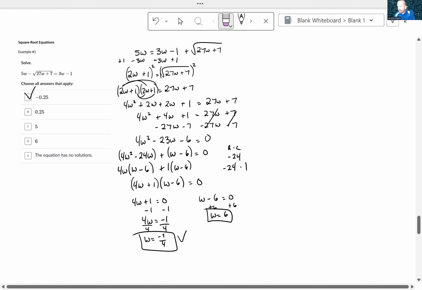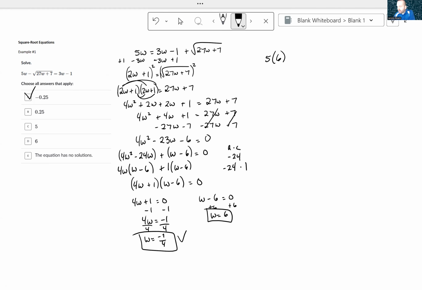So now this is 5 times 6 minus the square root of 27 times 6 plus 7 equals 3 times 6 minus 1. Plugging in 6 when w equals 6. Okay, so now this is 30 minus the square root of 27 times 6 is 162 plus 7 equals 18 minus 1.